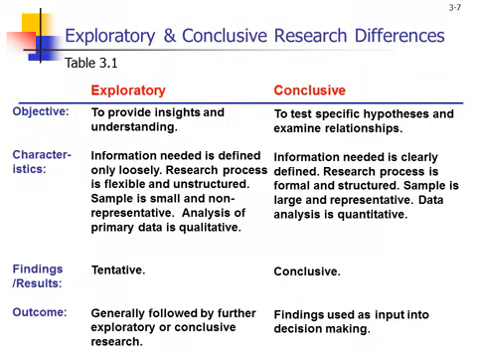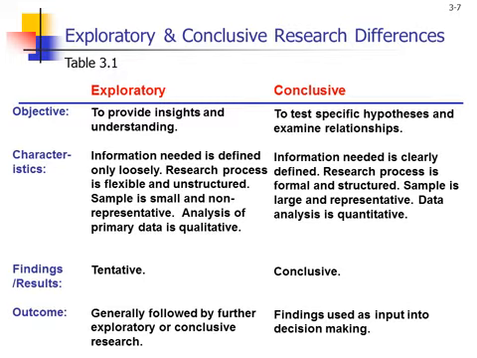The difference in the characteristics: in exploratory research, information needed is defined only loosely. The research process is flexible and unstructured. The sample is small and non-representative, and analysis of primary data is qualitative.